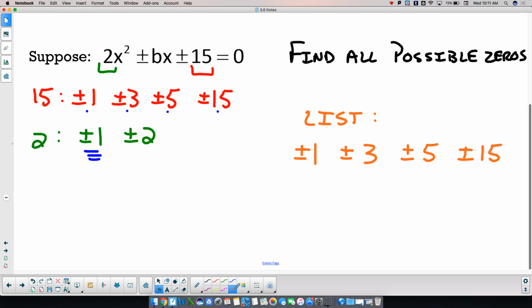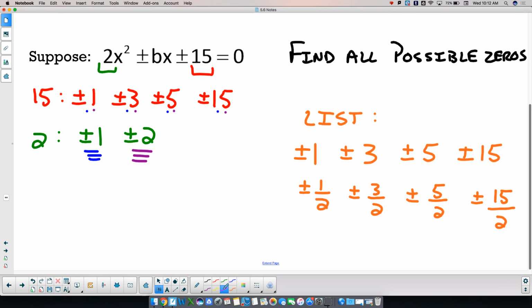Now I take all of the red factors and divide them by the next green factor, and I do that until I've used all of the green factors. So 1 divided by 2 is 1/2. 3 divided by 2 is 3/2. 5 divided by 2 is 5/2. And 15 divided by 2 is 15/2.